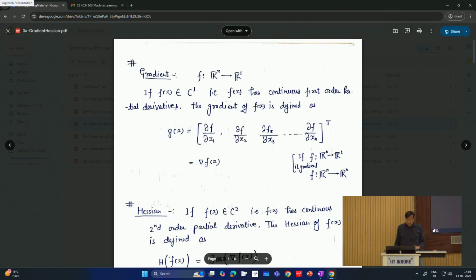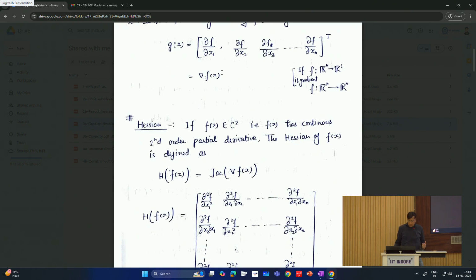Now, if this was a function of one dimension, then if you take the second derivative, you will write d2f over dx square, correct? Now you have to do the generalization to the second derivative of a function of many variables, and that's called a Hessian.